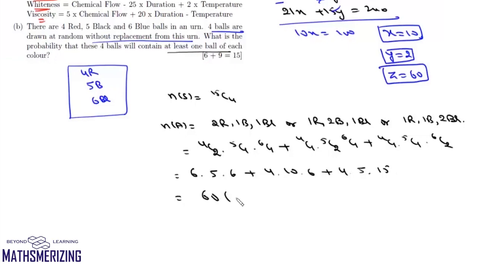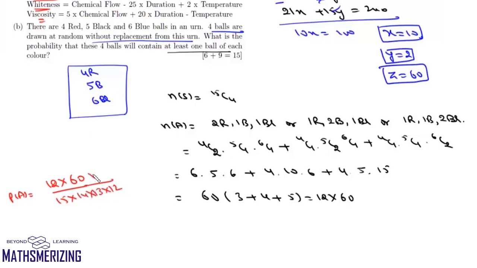So we'll get 3 plus 4 plus 5, so it will be 12 into 60. Now the required probability will be the number of favorable outcomes, which is 12 into 60, upon the total outcomes, which is 15C4, that is 15, 14, 13 and 12, over 4, 3, 2 and 1. So 12 will cancel, and it will be 48 upon 91. So the required probability is 48 by 91.